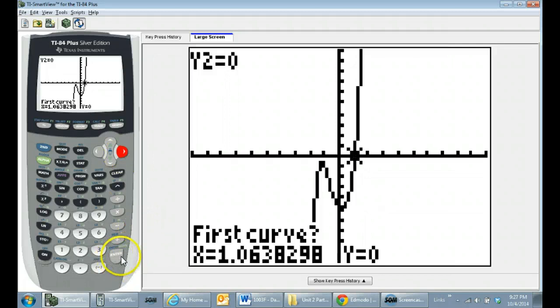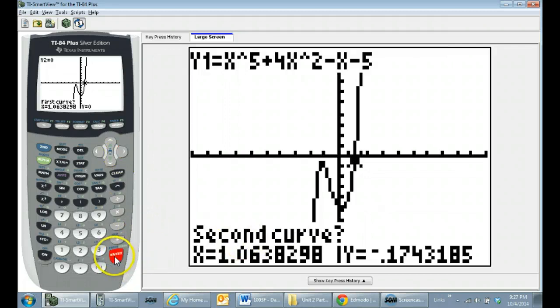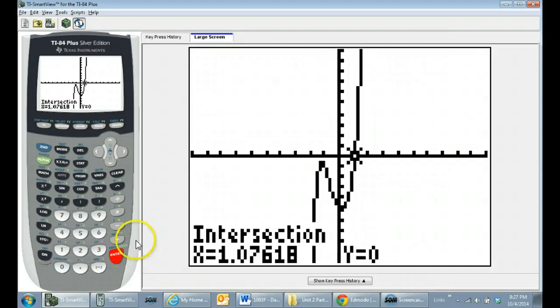And then I'll just hit enter 3 times. Enter, enter, enter. Okay, so it gives me the intersection, which is 1.07. Okay, 1.08. I'm going to round it up a little bit. So 1.08 is the 0 of the function, approximately.